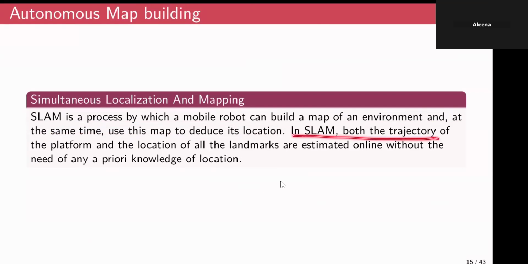So in SLAM, both the trajectory of the platform and the location of the landmarks are estimated online without the need of any a priori knowledge of the location. Essentially, it simultaneously maps all the landmarks or features of the environment, and it also estimates its current position. You don't have to supply any prior information to the robot.